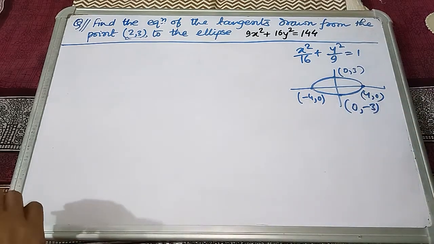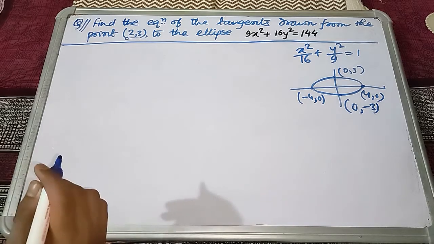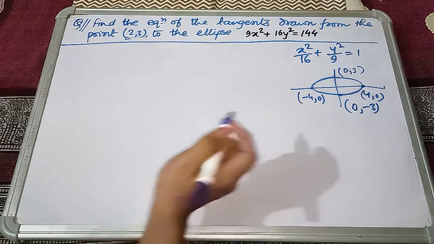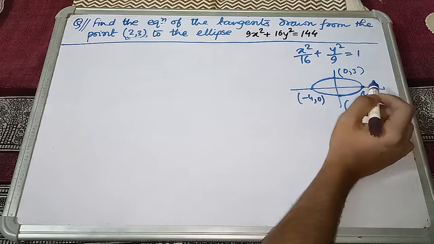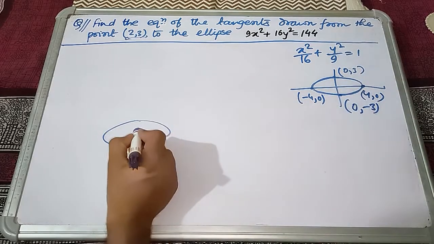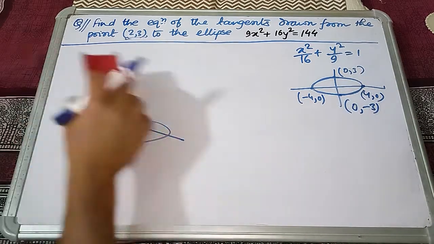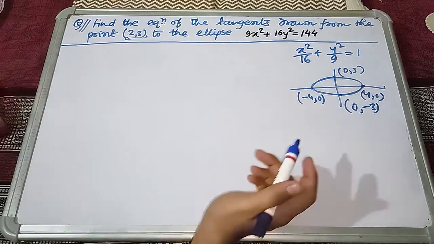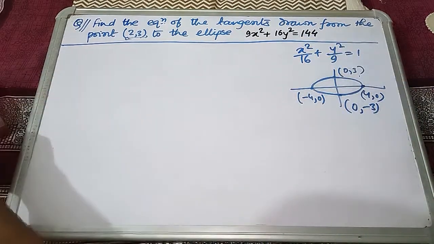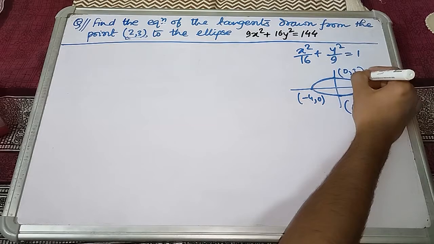Now, this 2, 3 does not lie on the curve. So it cannot lie inside the curve as well, because from inside the curve you cannot draw any tangent, right? So this point must lie somewhere outside, somewhere over here.